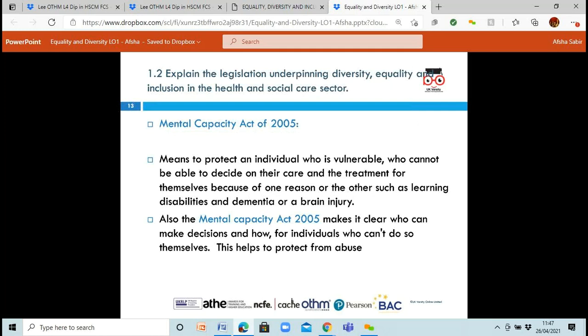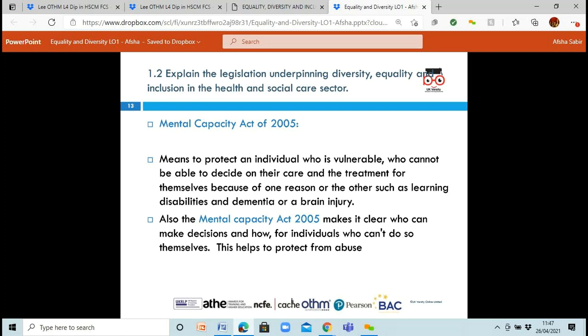Then you've got the Mental Capacity Act of 2005, and this means to protect an individual who's vulnerable, who might not be able to decide on their care or their treatment by themselves, or they might have learning disabilities, autism, dementia, they might have a brain injury. So it's set in place so that they can get the care that they need in an informed way.